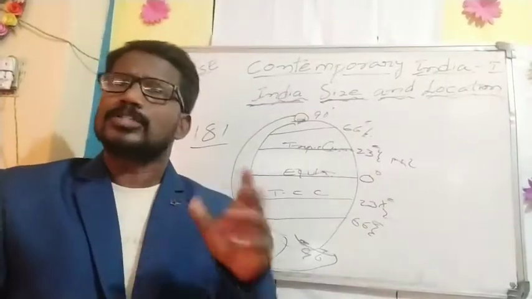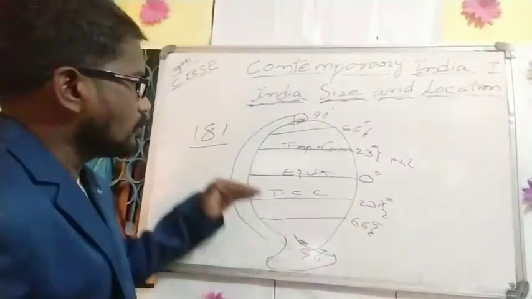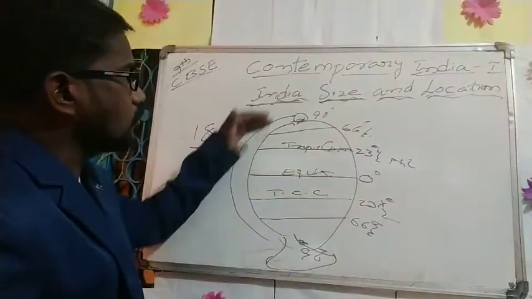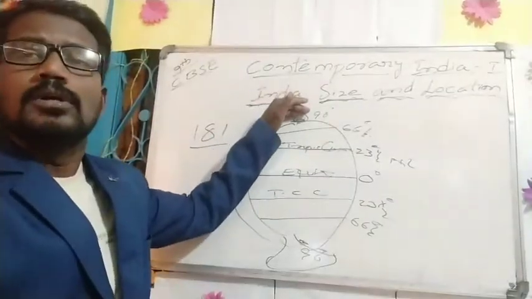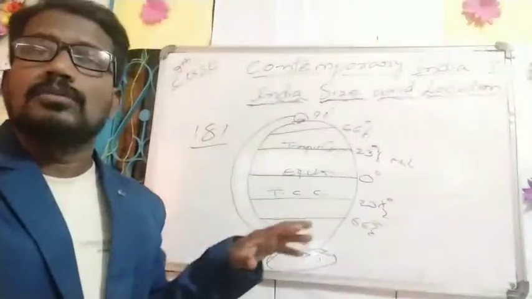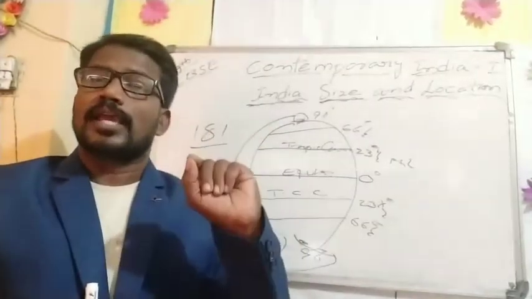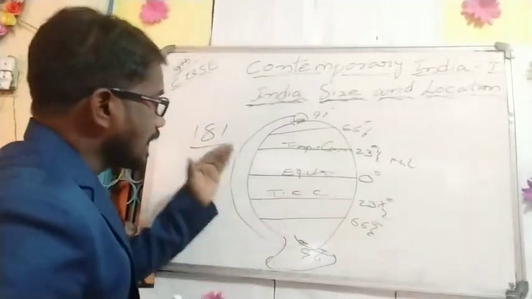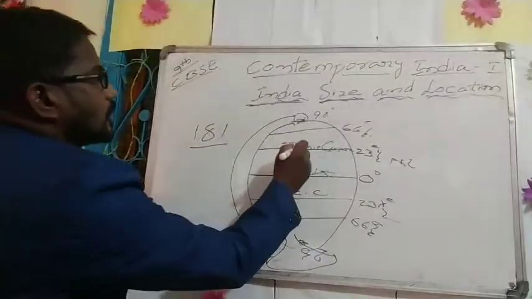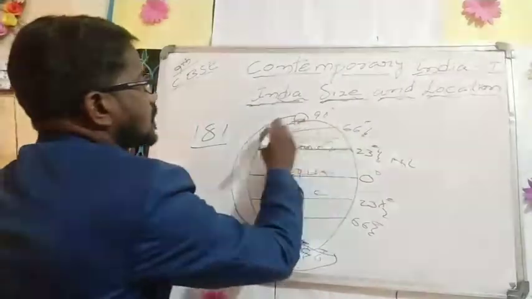Gradually, if you see from the equator to the 90 degree North Pole, we can observe the latitudes are decreasing. In the northern hemisphere, how many latitudes are there?